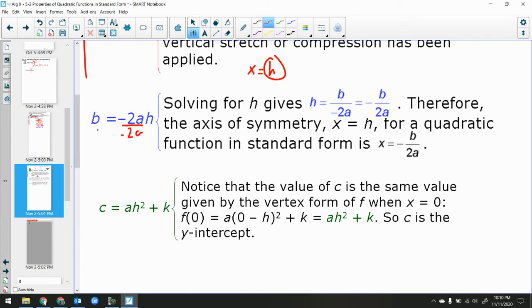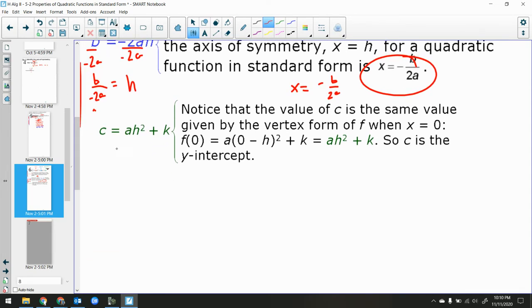If I divide this over to the other side, I would have b over negative 2a is equal to h. So that means the axis of symmetry is x equals no longer h, but negative b over 2a. That's going to be our formula for our axis of symmetry when it's in standard form.